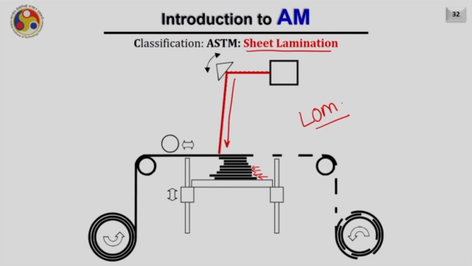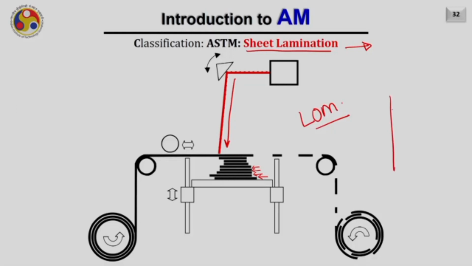Now you can extend the same analogy of sheet lamination to metal. For example, you have metallic sheets and these sheets are joined together by maybe ultrasonic consolidation or friction stir welding, and then later, to get the desired shape, you cut the periphery accordingly.